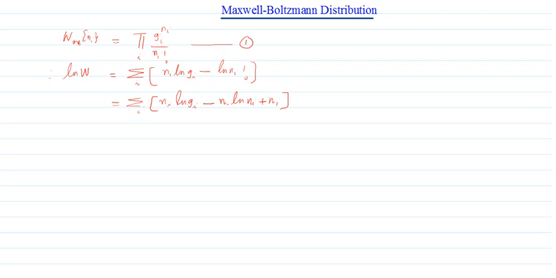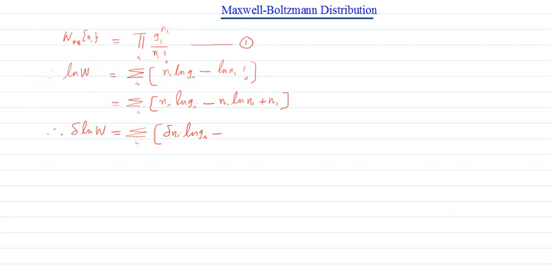Therefore I can take the differential delta of log W; remember only Ni is the variable. So that is the sum over i. For the first term there will be only delta Ni times log Gi, since log Gi is a constant.